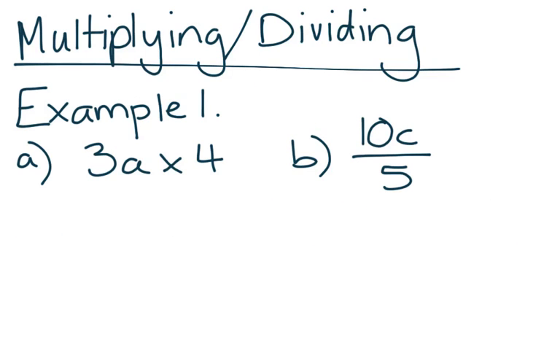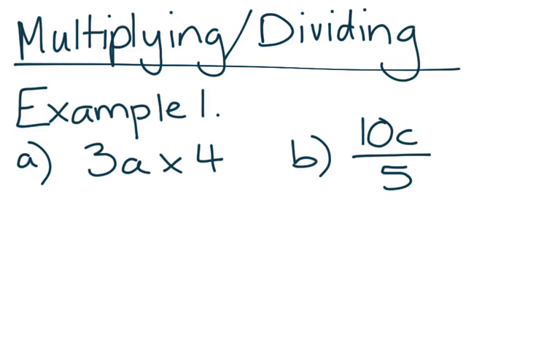Now we'll move on to multiplying and dividing. So a bit different when we do multiply and divide, because when we just multiply numbers, we can multiply in any order and we still get the same answer. But when we do addition, it's a little bit different, which is why we have to look at those like terms. When we're doing multiplication, we've got 3a times 4.